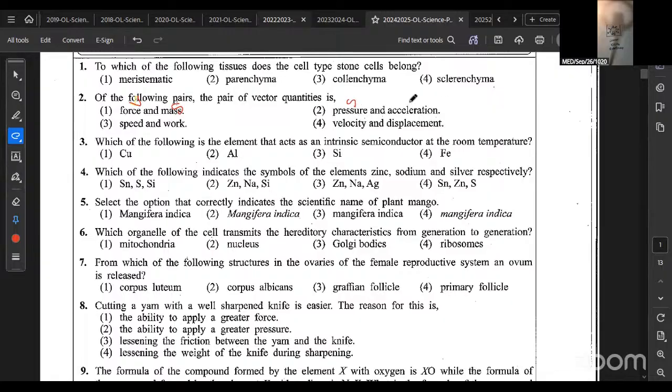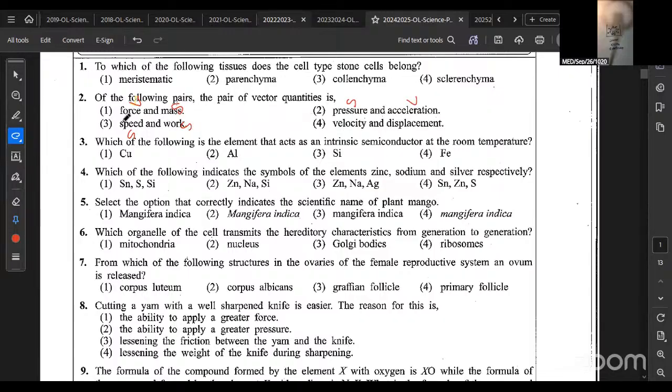Acceleration, maybe you have studied, you may have not studied. It is a vector, right? I will explain what that is. This entire lesson is about what? Displacement, velocity, acceleration. By the end of this lesson, you will learn this very thoroughly, right? Speed is a scalar. Work is a scalar. First, you write this, okay?